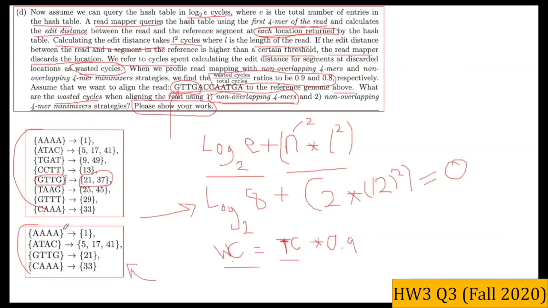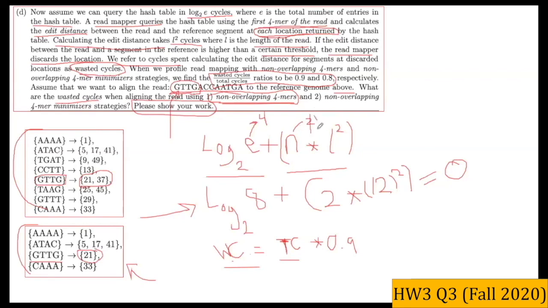So the number of entries in the hash table here is 4. So we substitute 4 here, right? Now, let's look for the same k-mer we extract from the read, which is GTTG. Do we have GTTG here? No, no, we have it here. Okay, so how many locations do we have? Only a single location. So we are going to perform edit distance only once. And n here will be 1, not 2.